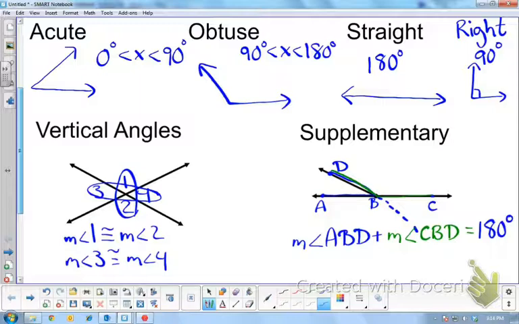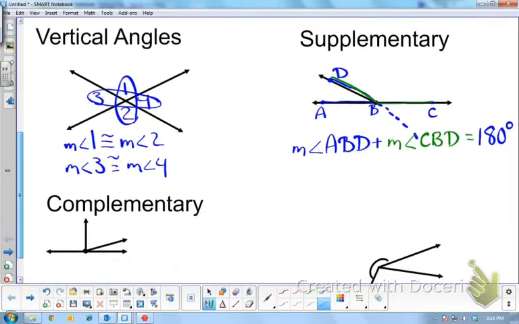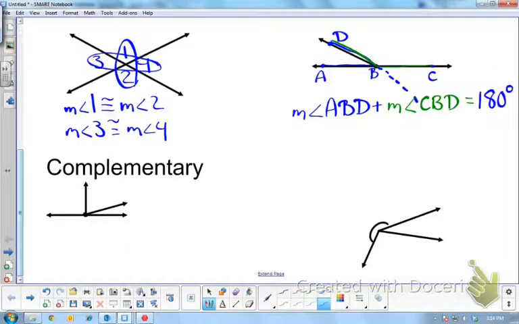So we have two more angle relationships that we're going to be learning. The next one is complementary. So complementary angles, we're looking at these two angles on the right. This time I'm just going to label them angle 1 and angle 2. There's multiple ways to label these angles. Now, we can't assume this is 90 degrees right off.